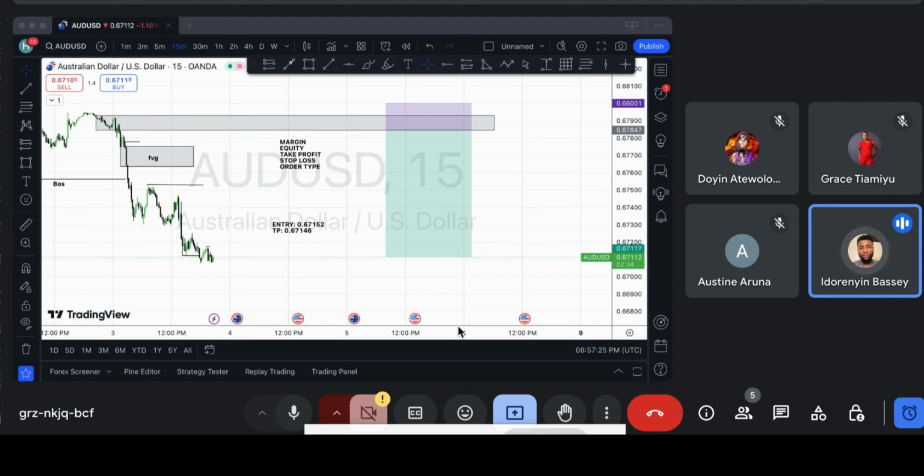So there must be a reason why you are setting your take profit there. You don't just set take profit because you feel like setting it there. There should be a strategy that you are using that allows you to put your take profit there, which is also technical analysis. That should be the factor why you are setting your take profit there.